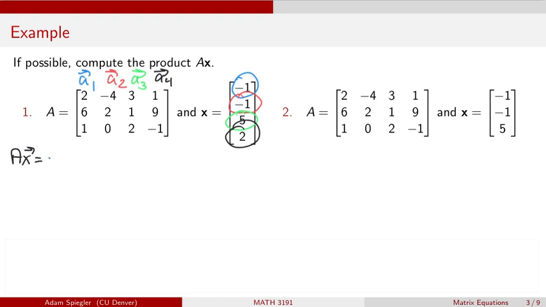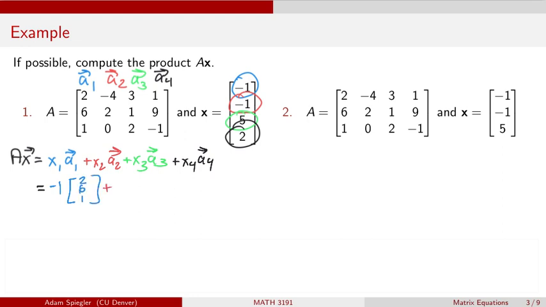Okay, so now we've got matrix A times X, and that's going to be, by definition, X1 times column A1, plus scalar X2 times column A2, plus scalar X3 times column A3, plus scalar X4 times column A4. And so now we can plug in our values. X1 is -1, and we have the column vector A1.